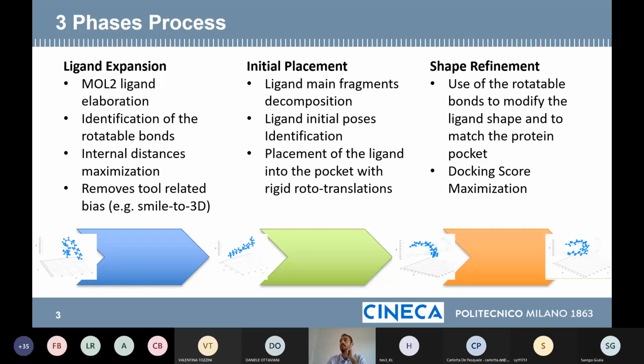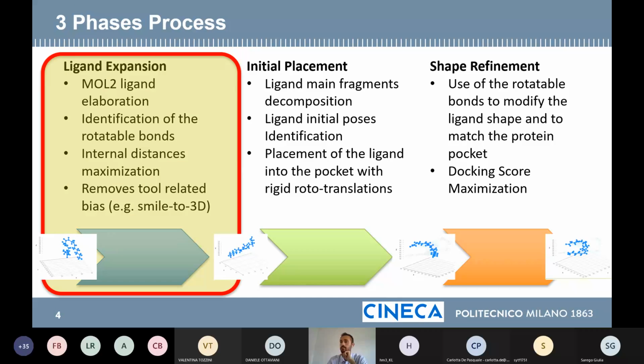In this work, what we did was we focused on the first part, on the ligand expansion part. So before the actual docking, it has been proved that finding an optimal shape, which means finding an optimal configuration of the rotatable bonds inside your molecule that maximizes the volume, or in other terms, maximizes the internal distances between atoms inside your molecule, matters.